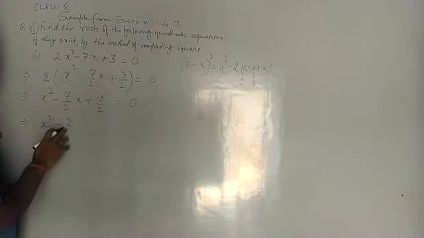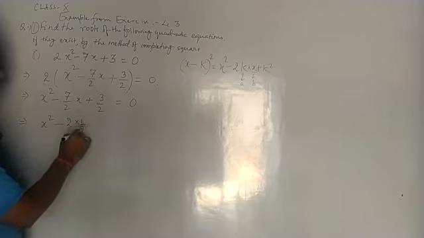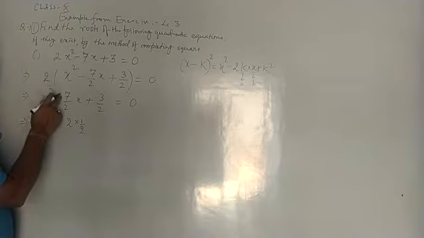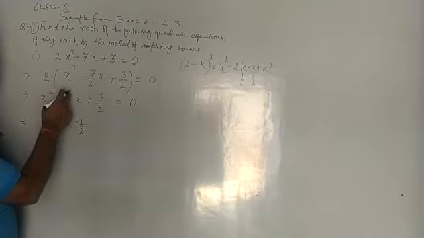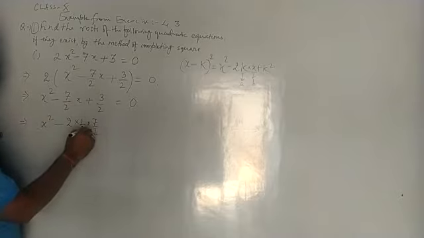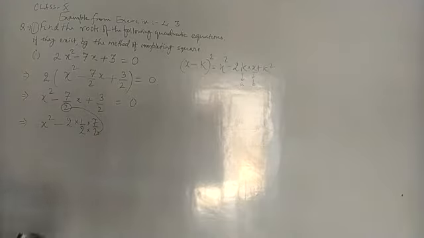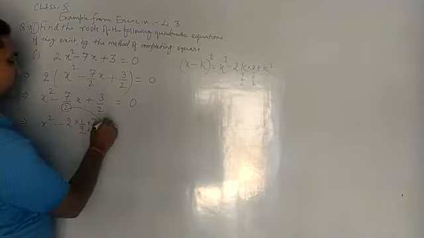So if we are doing an extra 2, it must be divided there also, to compensate, because 2 was not here in the numerator. So we wrote 2 into 1 by 2, and 7 was there above, and 2 was below. Look, this 2 is coming here, this 2 is coming here, and multiplied by x.